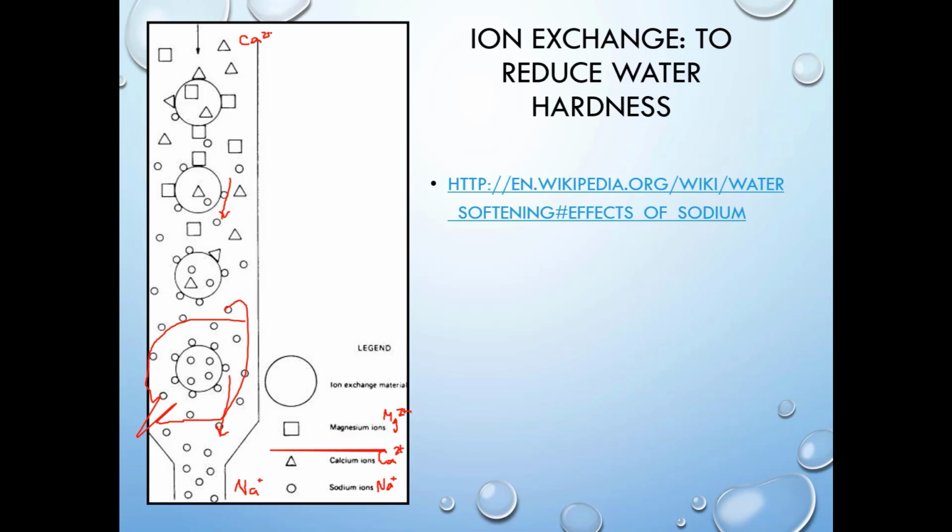It literally traps the calcium and magnesium just by these ion beads having negative charge sites. So if you have a water softener system, what you really have here is an ion exchange column. Isn't that cool?